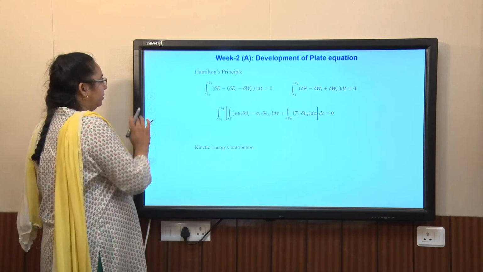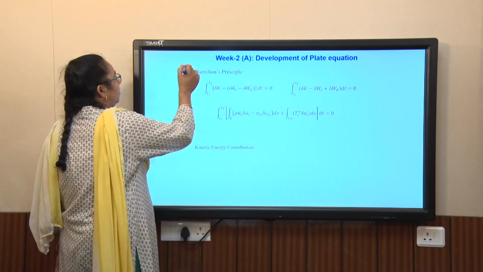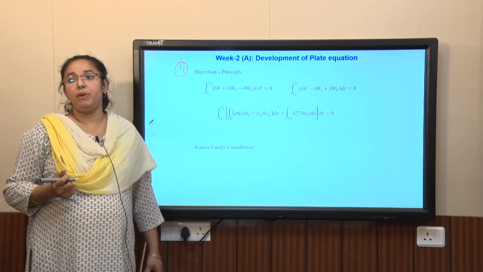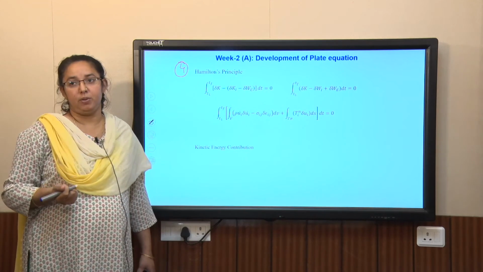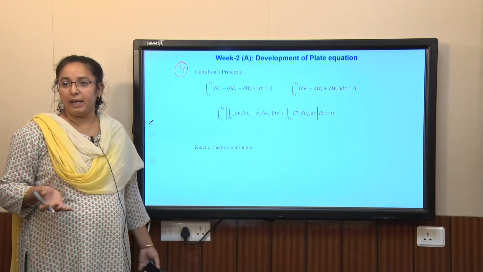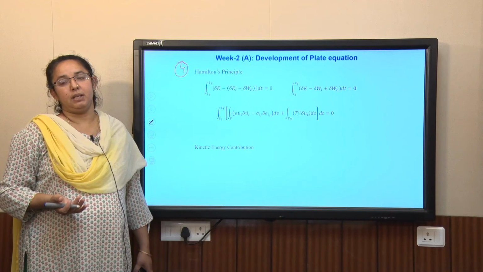We can move on now. Our fourth step is framing up the principle: which basic principle we are going to use. If we are interested only in the static analysis, then go for the principle of virtual displacement.